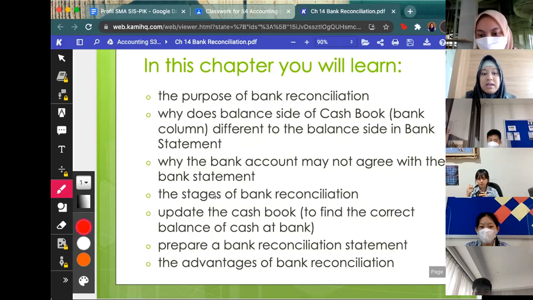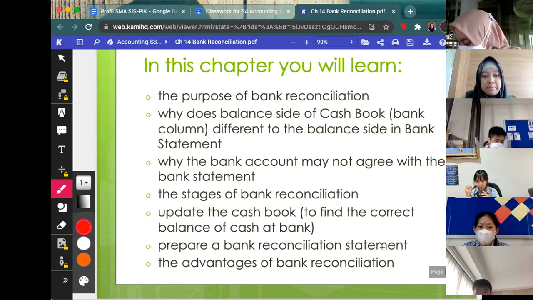Number 4, the stages of bank reconciliation. Number 5, update the cash book to find the correct bank balance, or balance of the cash at bank. And lastly, you are required to prepare a bank reconciliation statement.